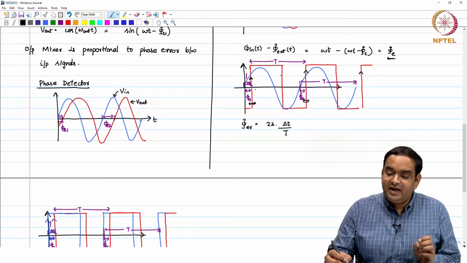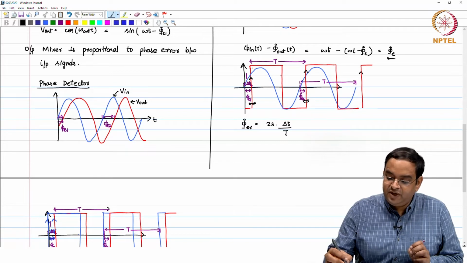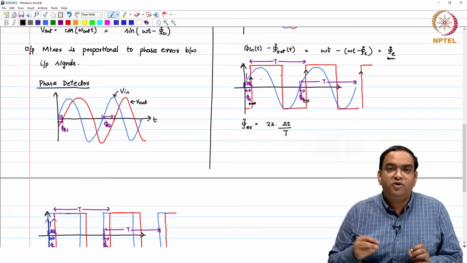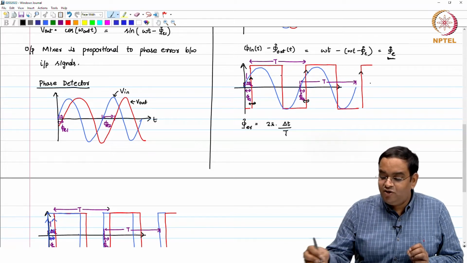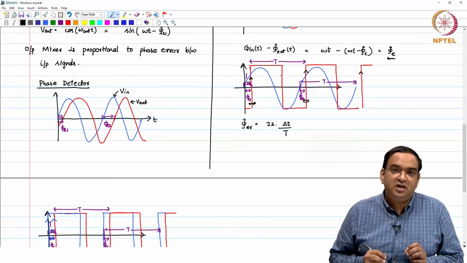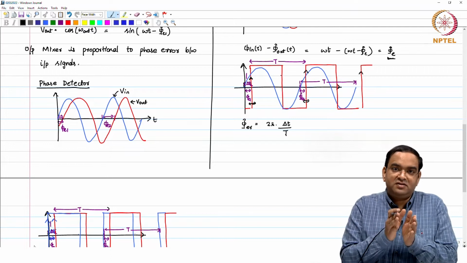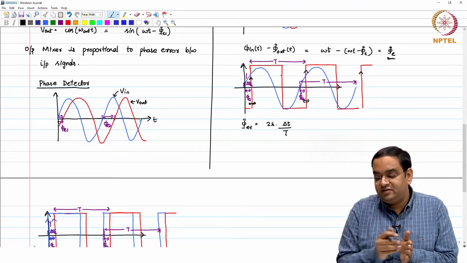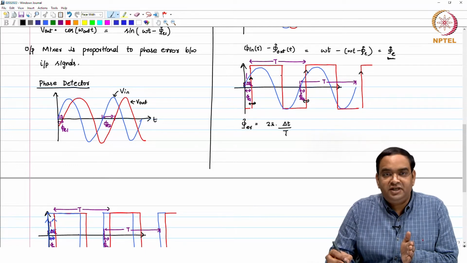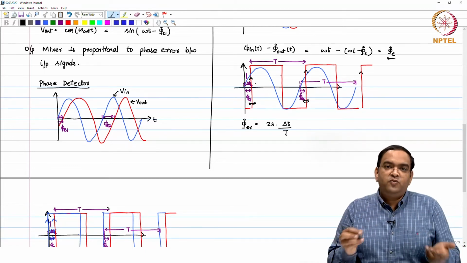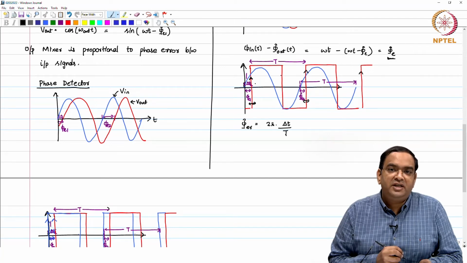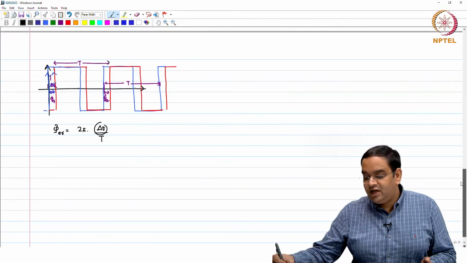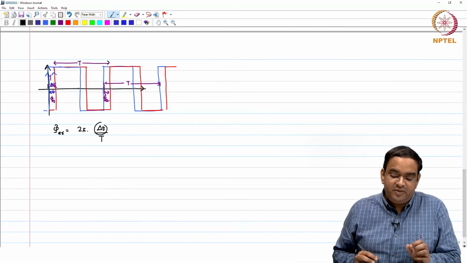So, if we detect only the difference between our reference clock, which here let us say is the input, and your output clock, which is a square wave, and we just find out the difference between these zero crossings, then in the loop we can try to limit that variation. So, that is why we are looking at only the timing information.